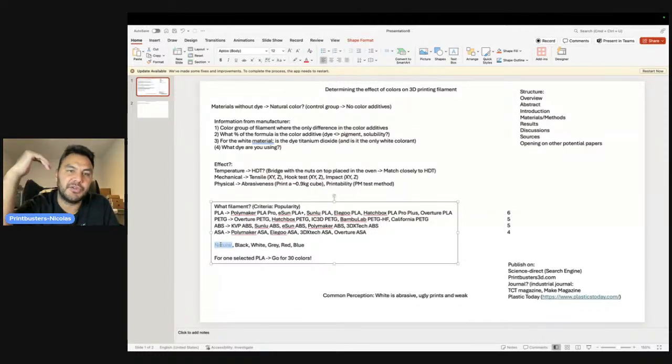So there are different levels. The good thing about Polymaker is that they make most of their colors, so they know exactly what is in the master batch. But there are still some colors that are not made in-house, and I'm assuming that's the case for a lot of filament manufacturers. Actually, I would say the majority of filament manufacturers buy their master batch. They don't make it, which means it might be quite hard to get this amount of information.